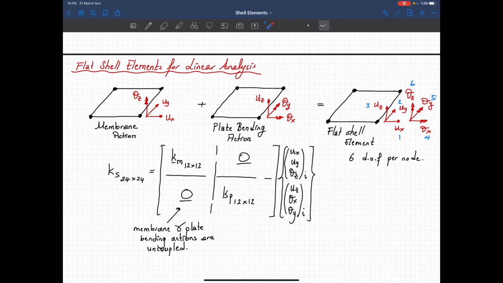Now for Kp, if you use Kirchhoff theory, you end up with a thin shell element.